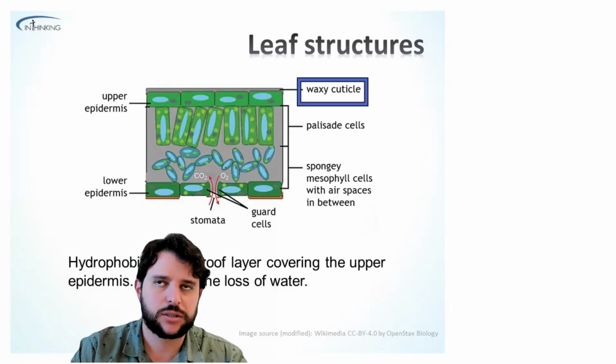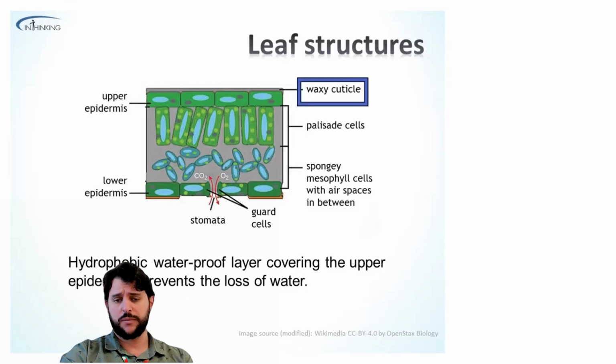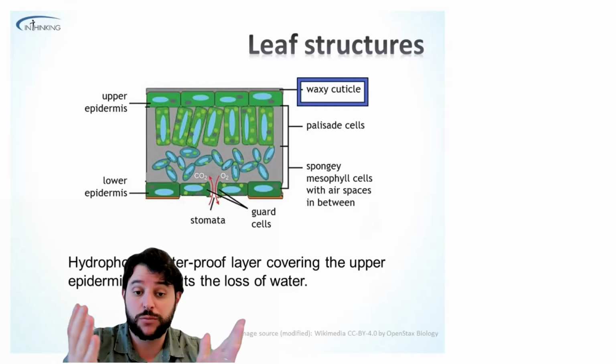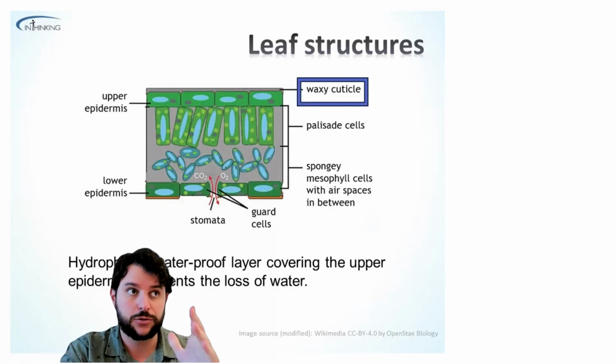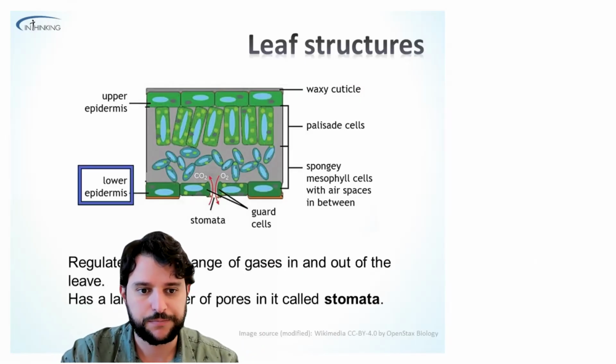If there is a constant supply of water, no shortage, then they won't close. But if there is some shortage of water, there are strategies that different groups of plants apply to manage this challenge.